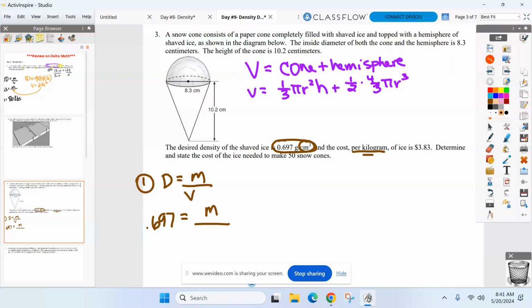Everything is there for you to substitute in. My worry is what you type on your calculator to get the volume here. And make sure that 8.3 is the diameter. So 8.3 should not be found anywhere in your substitution here.